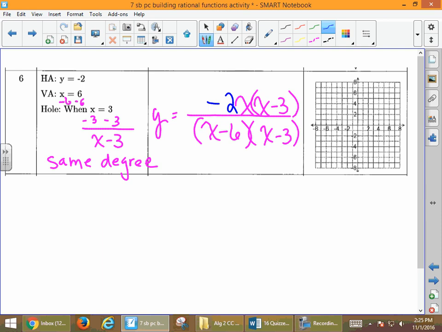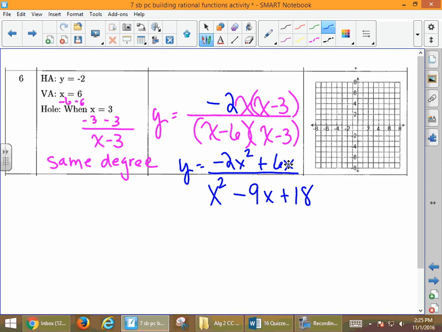Just real quick here, even though my time is short, if you look at this function, it would have been -2x squared plus 6x. And then down here, it would have been x squared minus 6x minus 3x plus 18 if it was FOILed out.